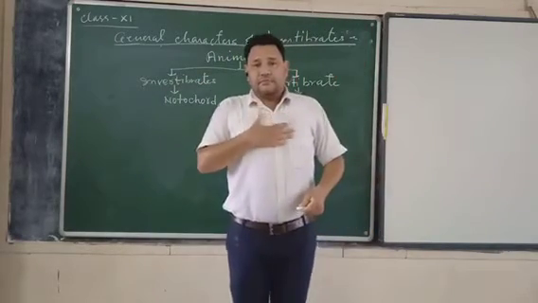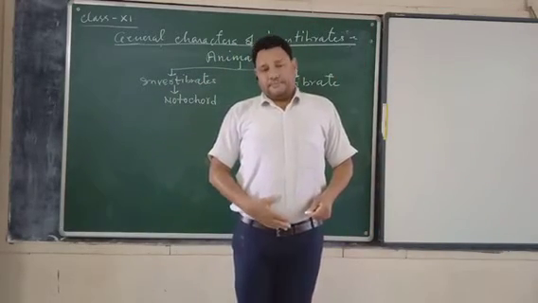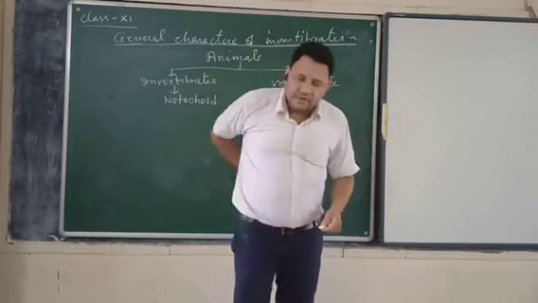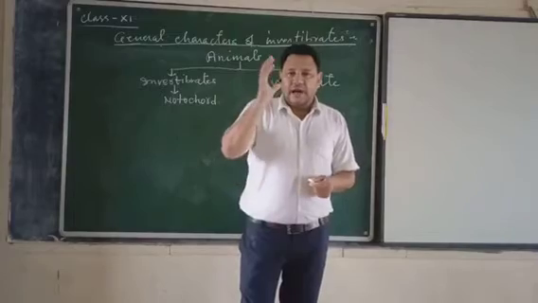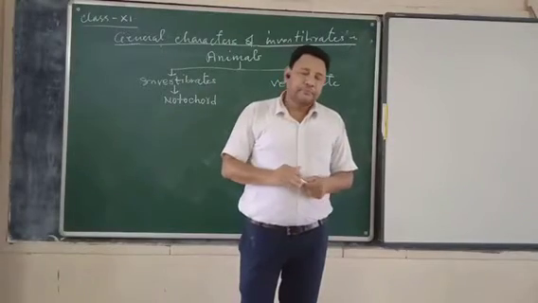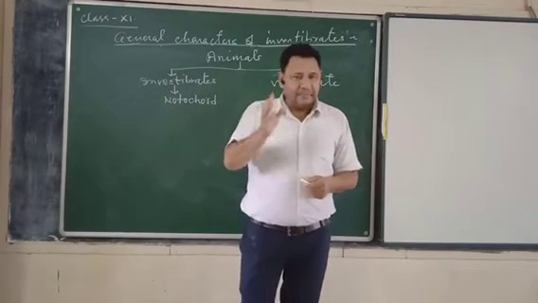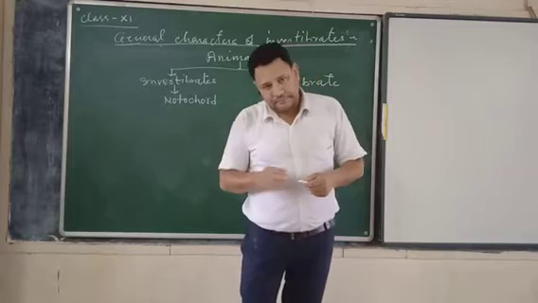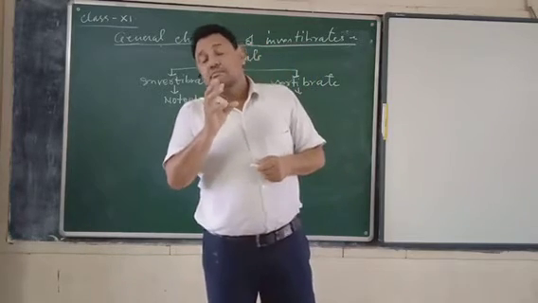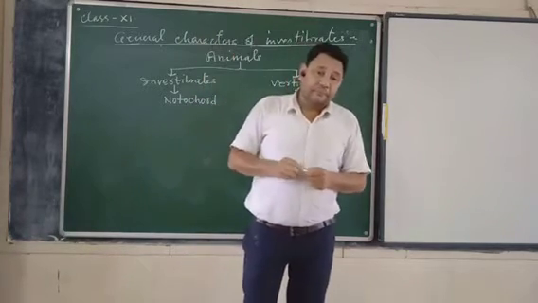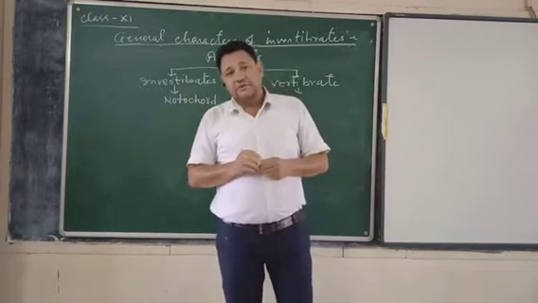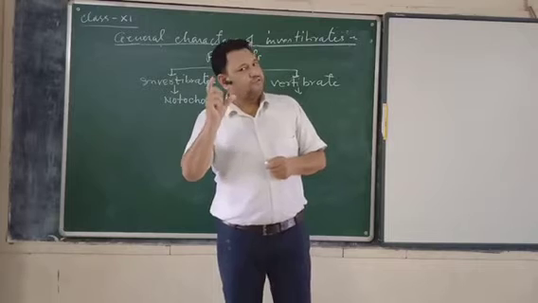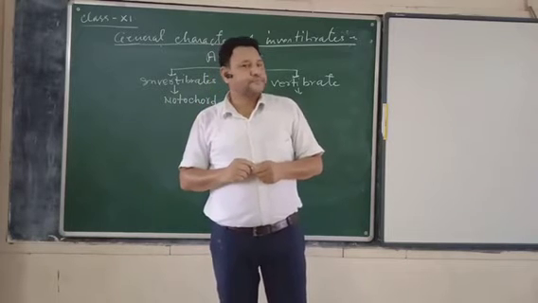This is the ventral portion of our body, and this is the dorsal portion of our body. In the dorsal portion of our body, we have a vertebral column. Through this vertebral column, many nerves are attached to our internal organs, which are meant for their normal functioning and working.